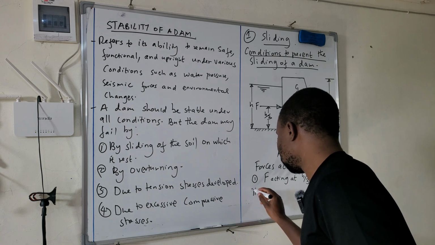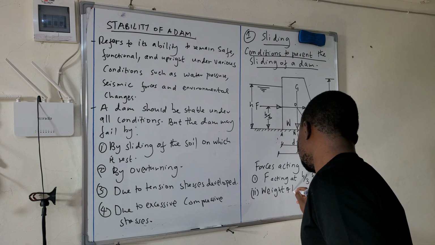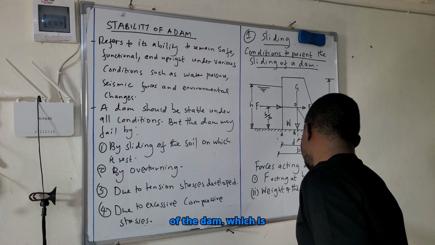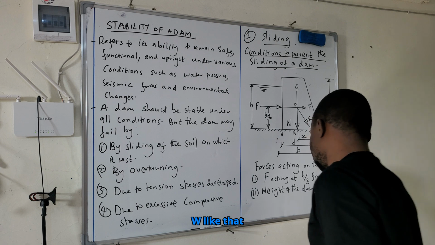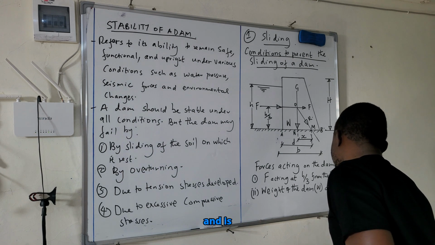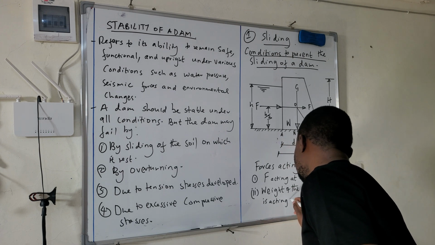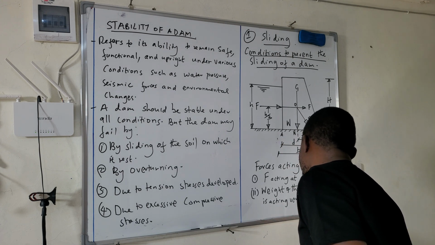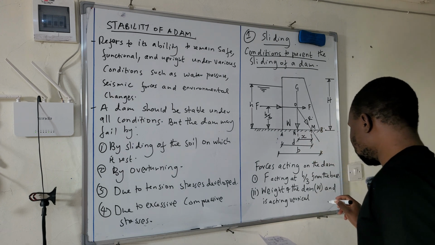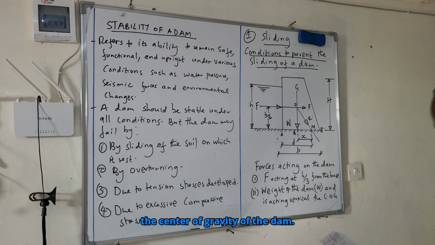So number two, weight of the dam, which is W, like that, and is passing through point and is acting vertically through the COG, the center of gravity of the dam.